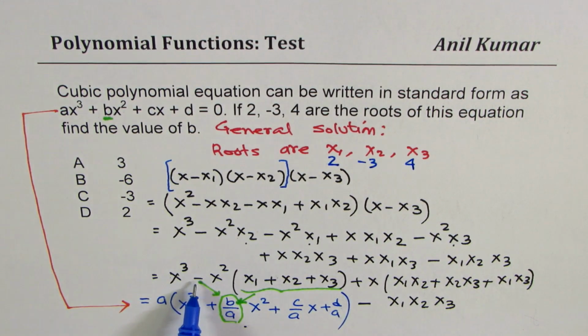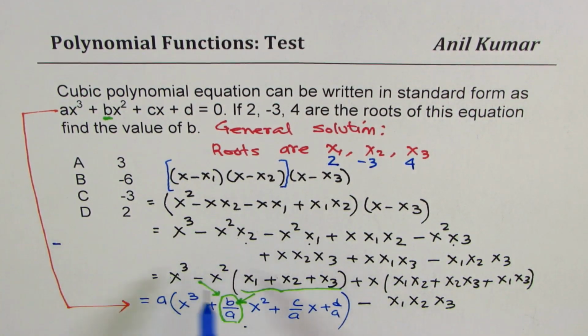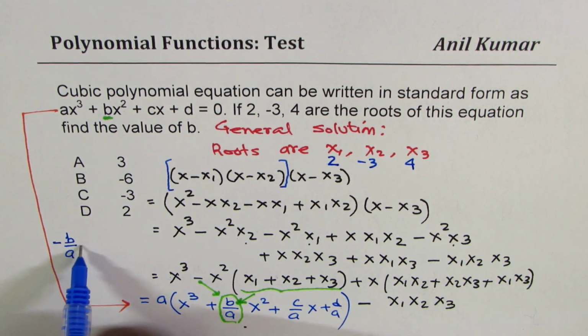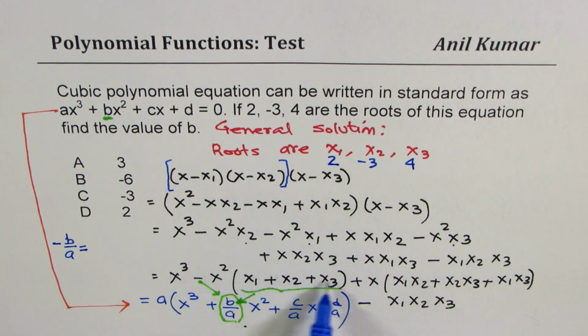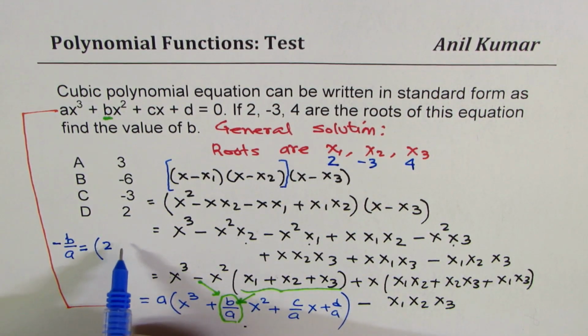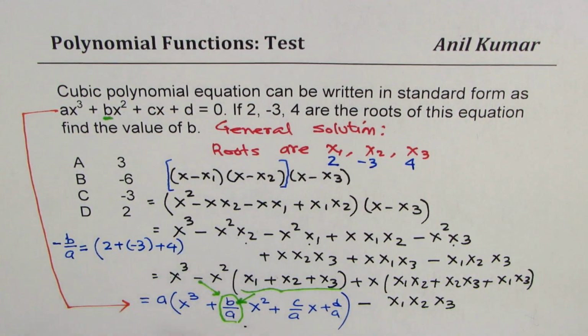So from this we get a formula: minus b over a is the sum of these roots, which is equal to 2 plus minus 3 plus 4.